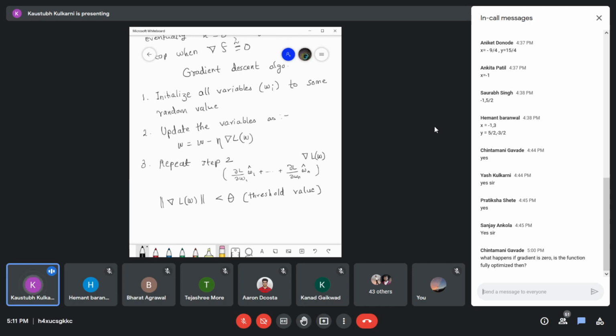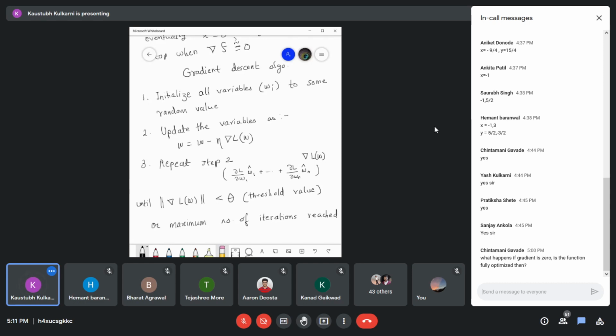Or another criterion is, repeat until this, or the maximum number of iterations is reached, and you can stop this.